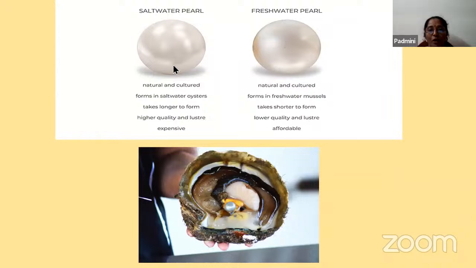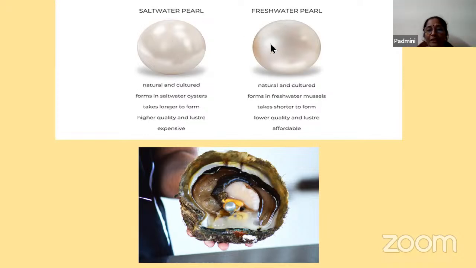So this is how a saltwater pearl and a freshwater pearl look. Can you see the luster in the saltwater pearl? Look at the shine, and then compare it with the freshwater one. Saltwater pearls take a longer time to form, and they have a very high quality luster, and they are very, very expensive. So you can culture them even in salt waters.